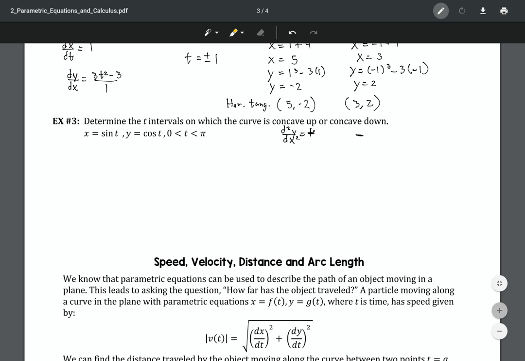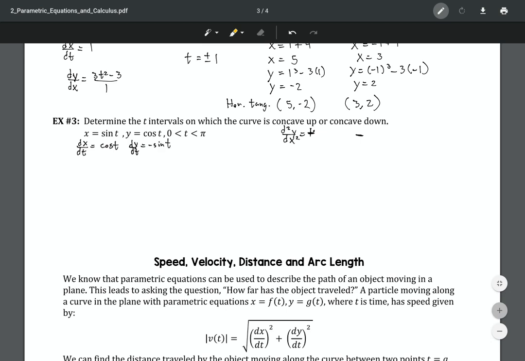So now we know what we have to do. First of all, I have to take the derivative. So this one's not too terribly bad. Remember, I have to take the derivative with respect to x. Derivative of sine is cosine. Derivative of cosine is negative sine.